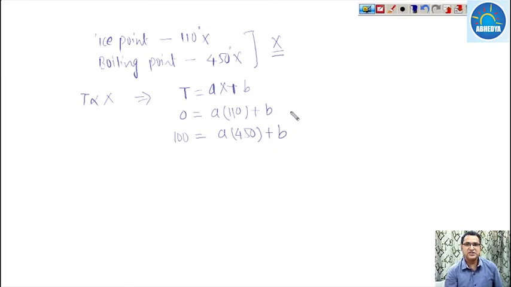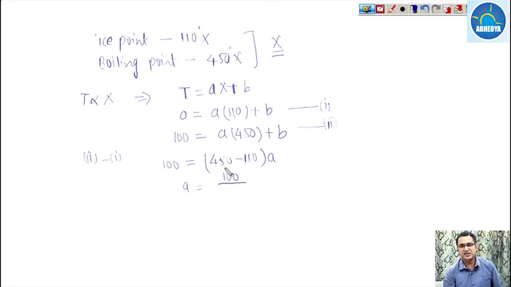Now let us assume this is our equation 1, this is equation number 2. So now we are doing 2 minus 1. So 100 is equal to this minus this, B will be cancelled out, then 450 minus 110 times A. So this gives A is equal to 100 upon 450 minus 110, that is 340. So A becomes 10 upon 34.